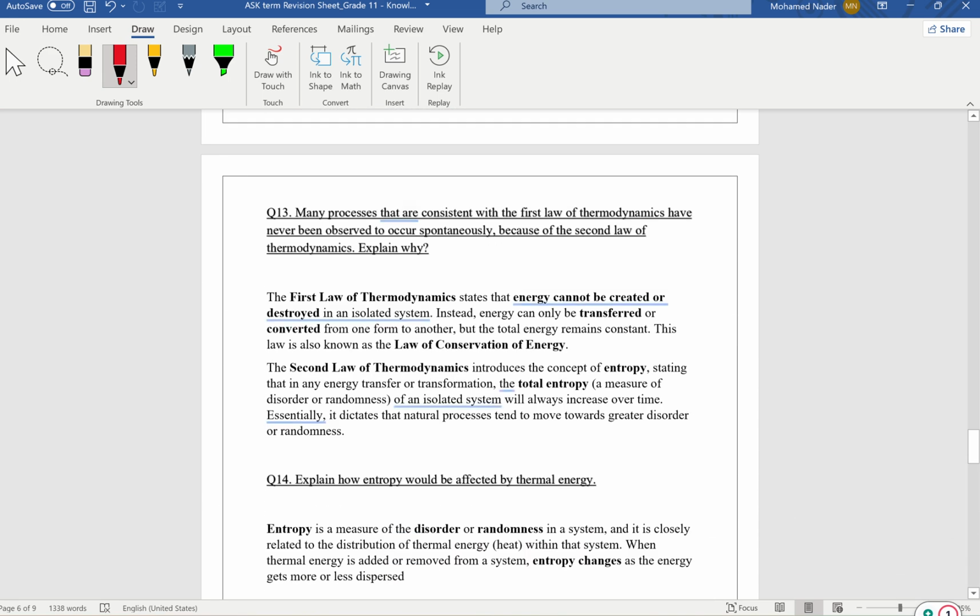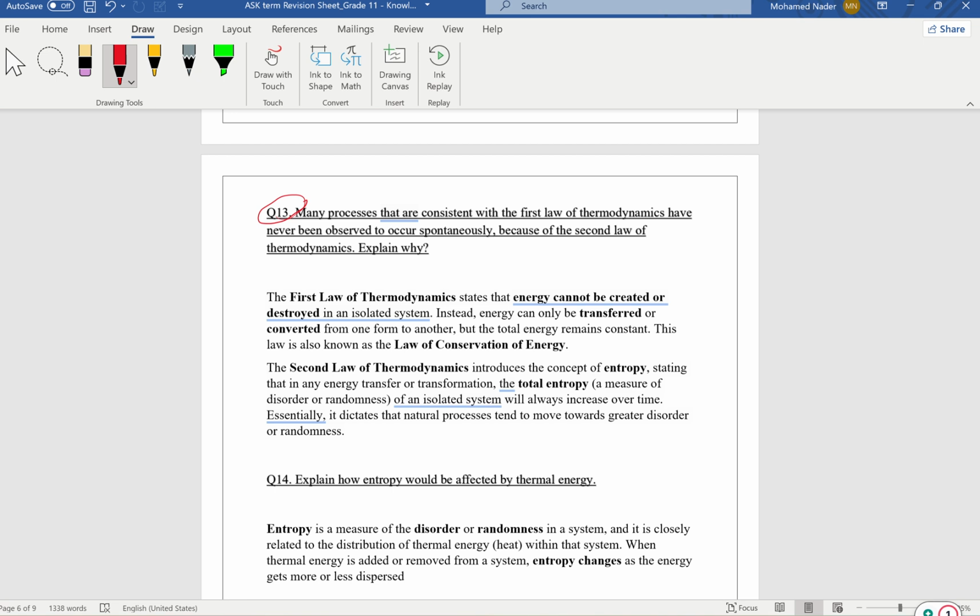Why are there many processes in the first law of thermodynamics that you cannot see in the second law of thermodynamics? Because simply, the first and second laws are almost against each other. They cannot exist together. The first law says that energy cannot be created nor destroyed. It can only be transferred from one object to another.